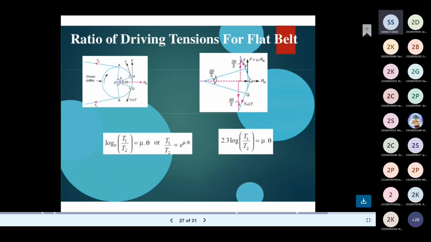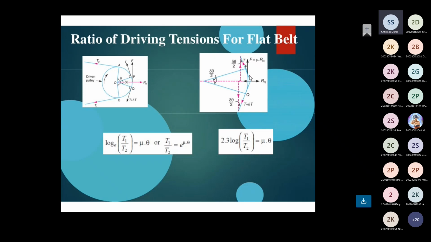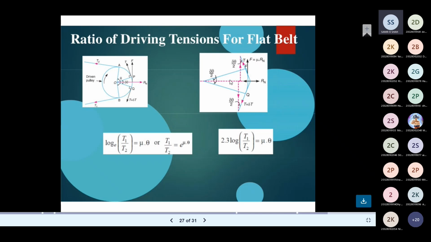In the horizontal force it was sine, but here it is cos. Remember, when sine del theta by 2 is small, we consider it as del theta by 2. But when cos del theta by 2 is small, it is considered as 1. So the force mu into Rn is equal to del T. At the end, if we resolve the forces, we get mu Rn is equal to del T, or we can say that Rn is equal to del T by mu.